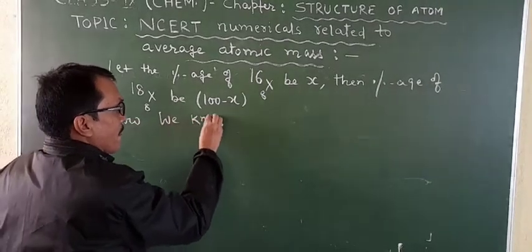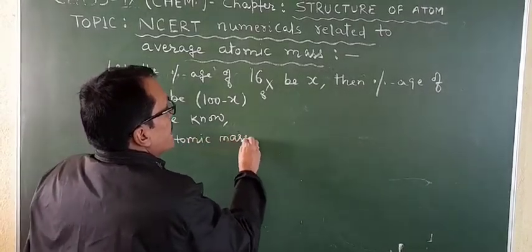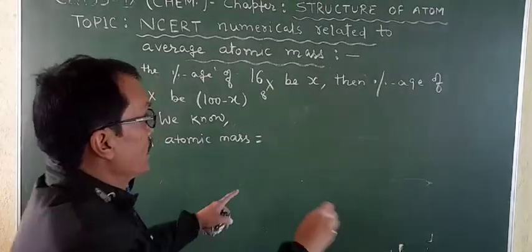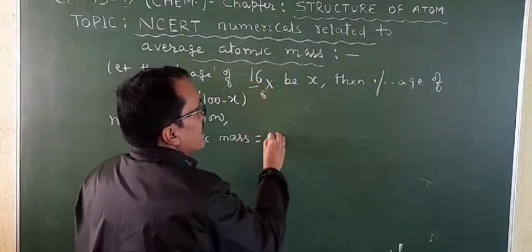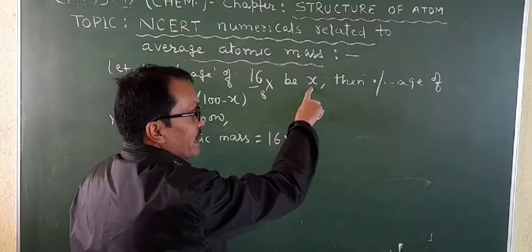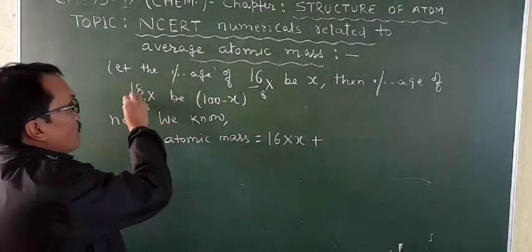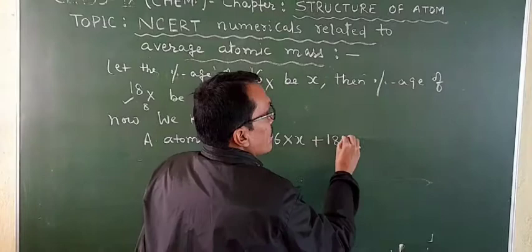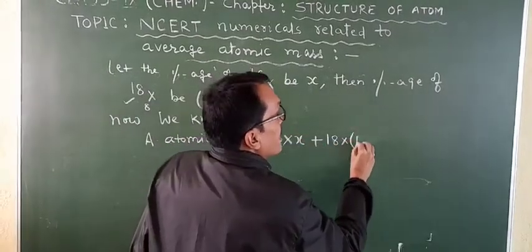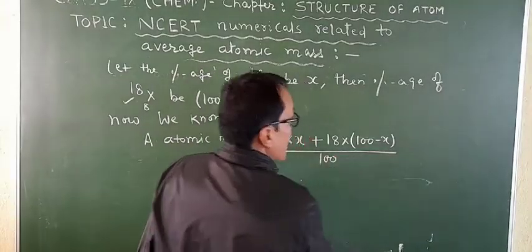Now we know average atomic mass is equal to the mass of one of the isotopes, so the mass of one isotope is 16, multiplied by its percentage, which we have taken as x, plus the mass of another isotope which is 18, multiplied by its percentage, which we have taken as 100 minus x, divided by 100.